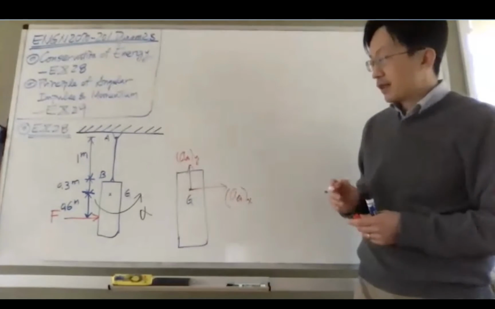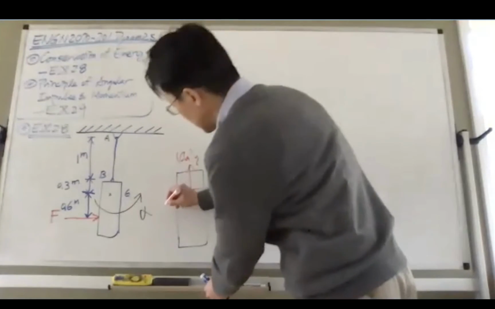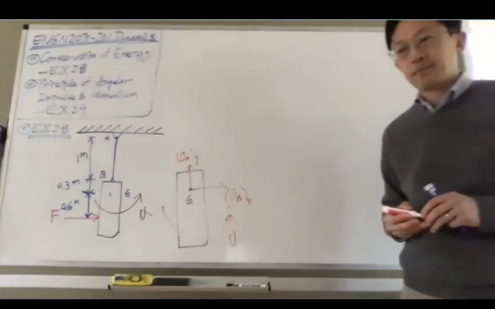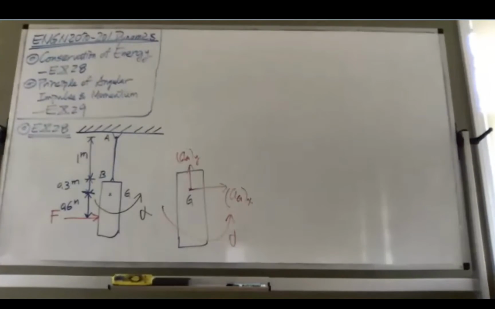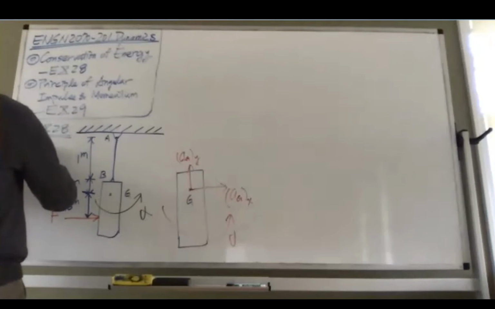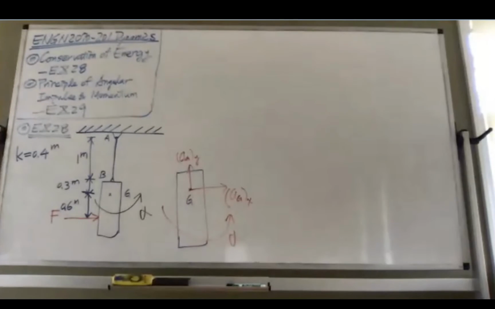Now, of course, in the meantime, there's going to be angular motion, in this case the angular acceleration of this punch bag. You are also provided with the radius of gyration of this punch bag, K, which is 0.4 meters.